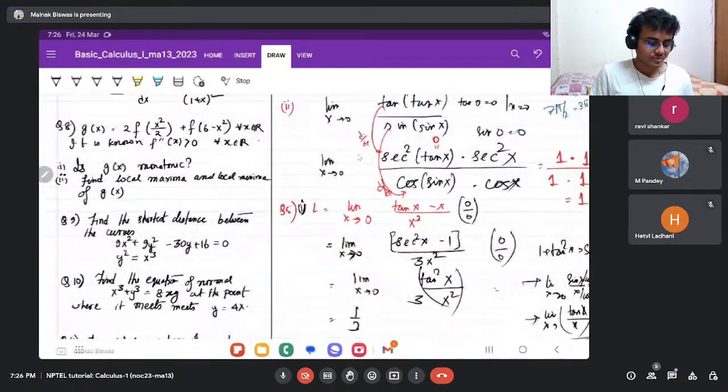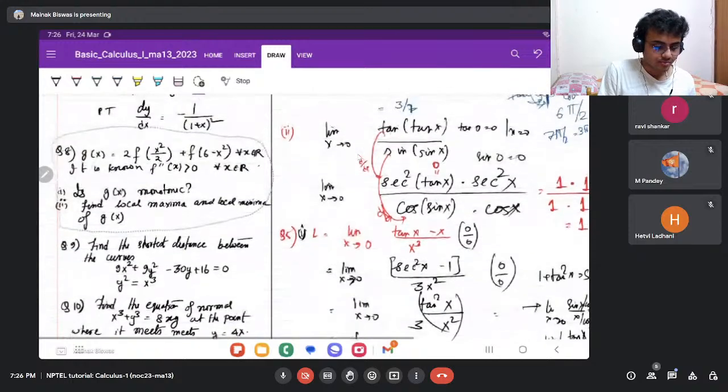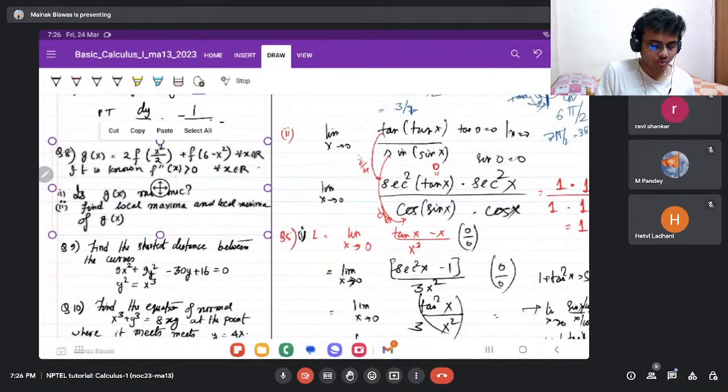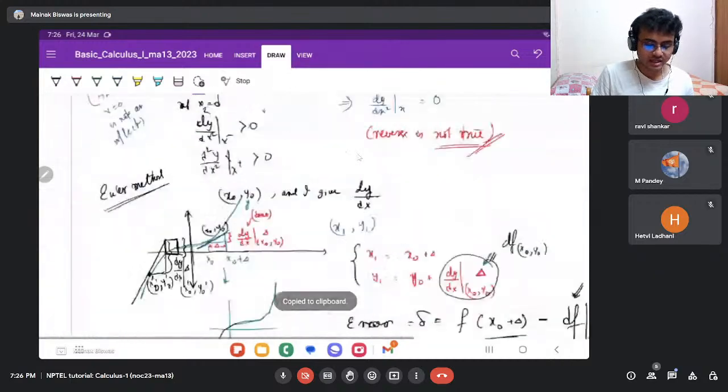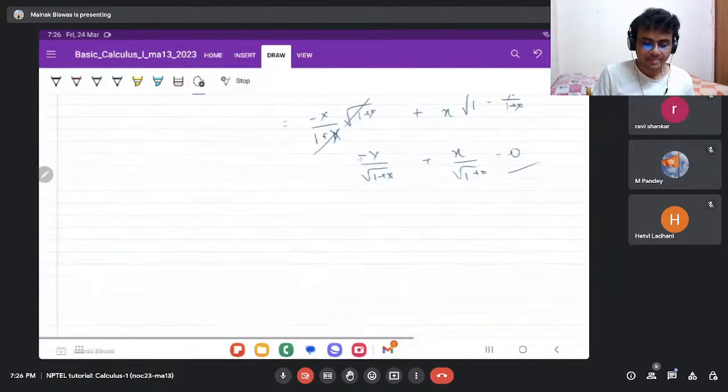Now today's moment of the day is this problem where g of x is, I would copy this question and let's see. This would also give you the understanding of how powerful calculus is, for it can give you an idea about any arbitrary function.